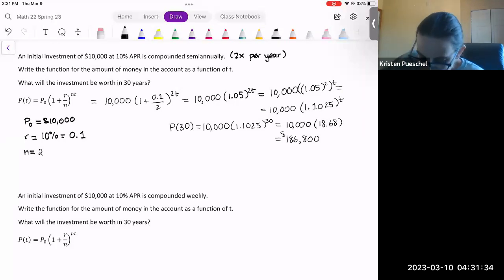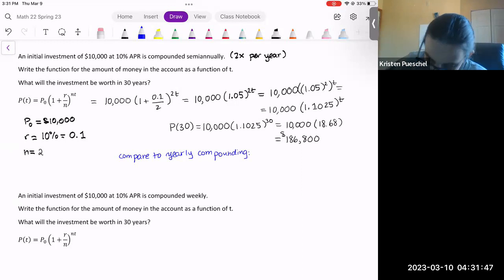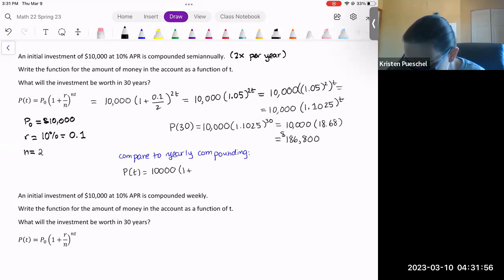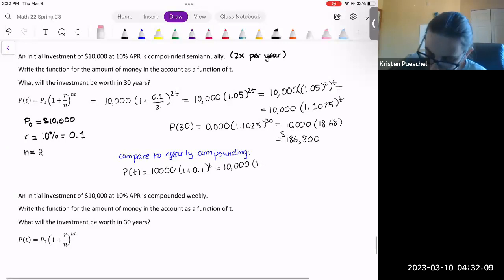Okay. Let's compare this to yearly compounding. There, our function P of t was equal to 10,000 times (1 + 0.1)^t. That was 10,000 times 1.1^t.